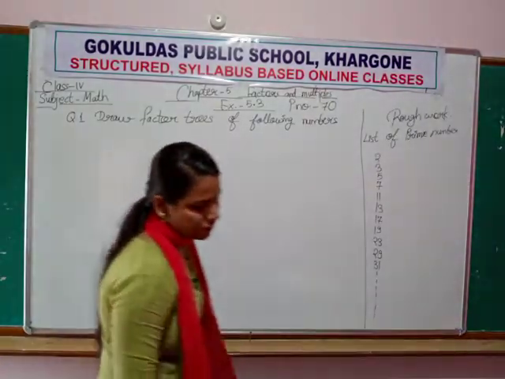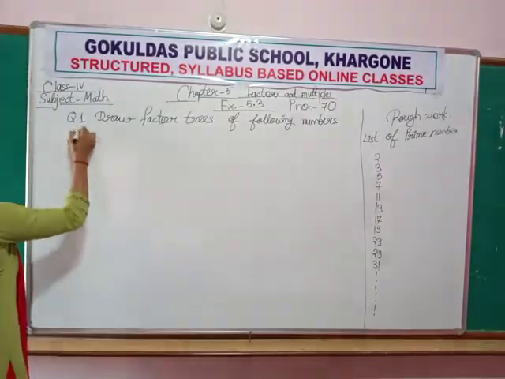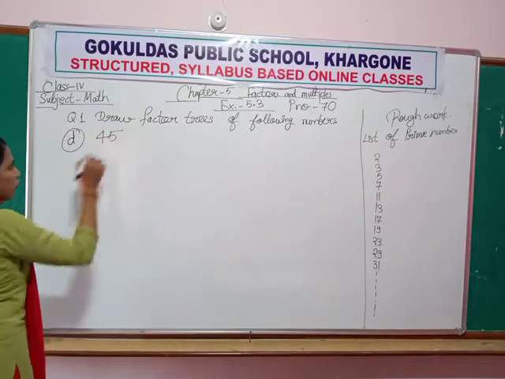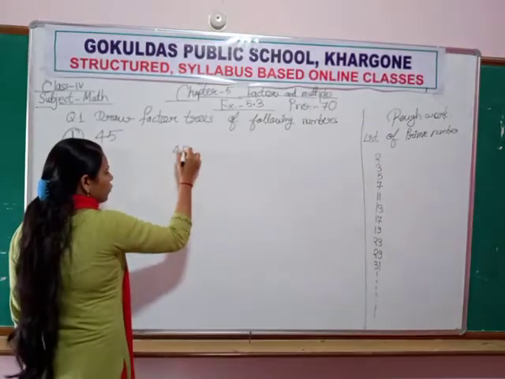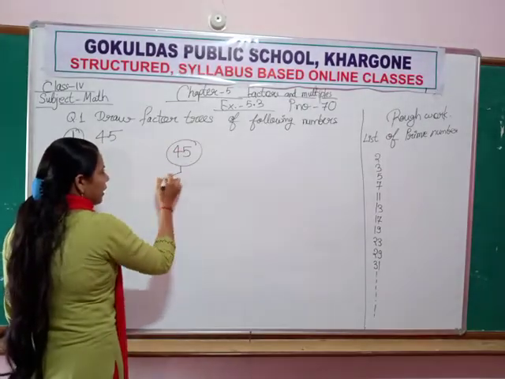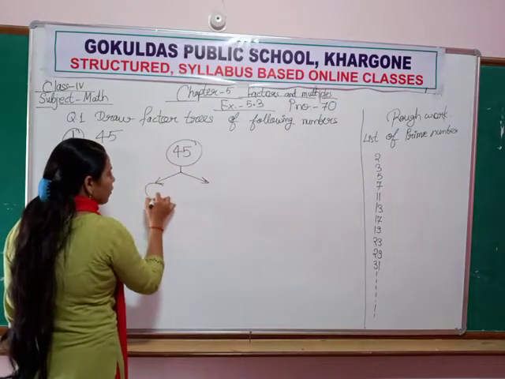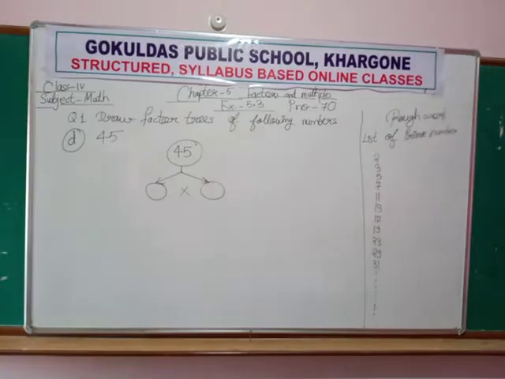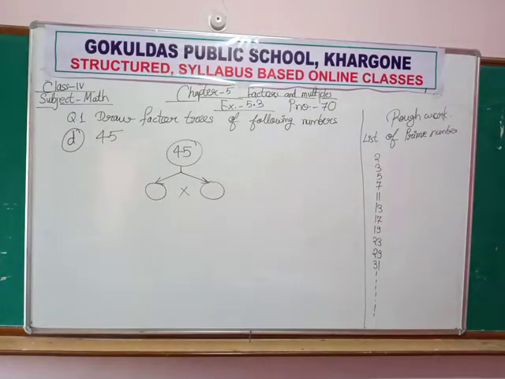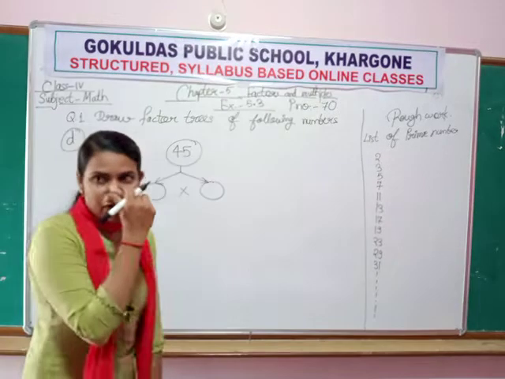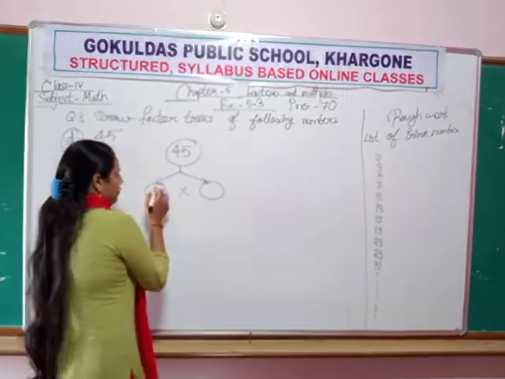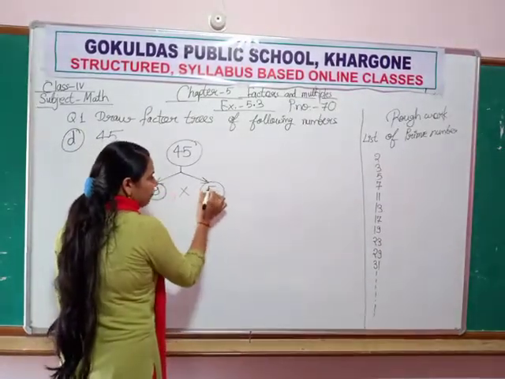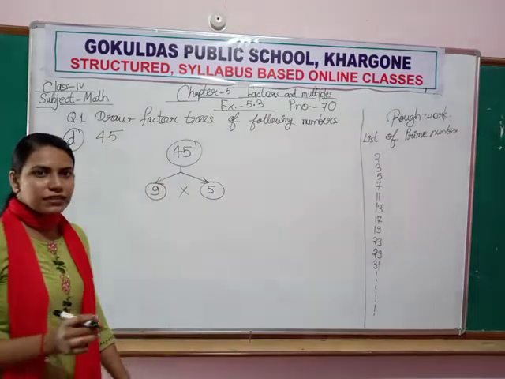Now let us make the tree for B. The given number is 45. What will you do? You will write 45 in a circle and split this 45 into parts. Do you know which two numbers give us a product of 45? 9 into 5. 9 5s are 45, right?